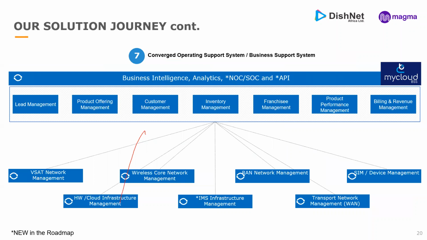Within this journey, we realized that to manage this system end to end, we need a billing platform and an operation management tool. For that, we are using a company called MyCloud PSS that helps us manage the different verticals of this business. For example, it helps us manage leads, configure product offerings, customer management, inventory management, franchising management, product and performance management, billing and revenue management.